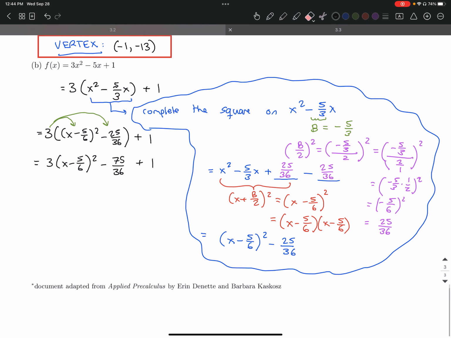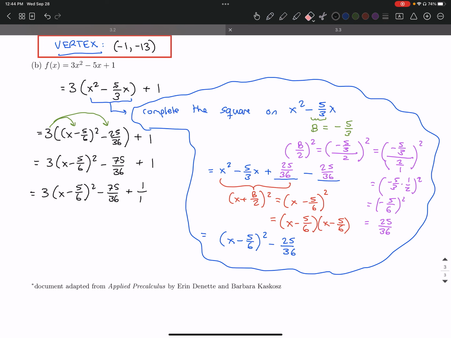In order to finish this off, we need to combine the like terms on the end. If you want to, you can put 75 over 36 in lowest terms first, but I'm just going to leave it alone. And I'm going to remember that I can think of plus 1 as 1 over 1.